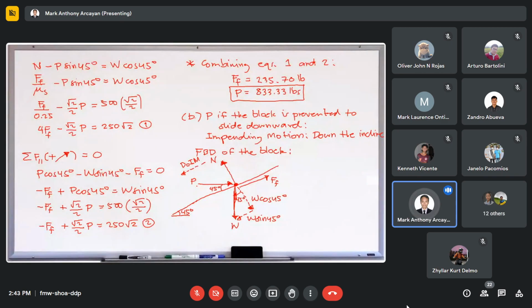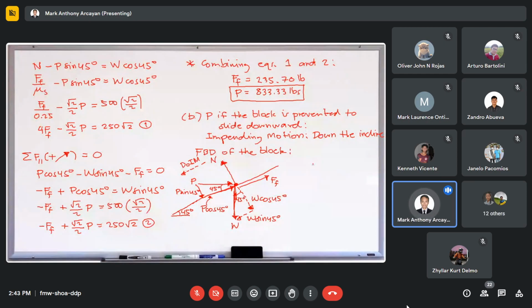Then, kani ang P, ato pod siya i-resolve. Mao na iyahang normal component, so this is P sine 45. Then, kani siyang pasaka, mao na ang iyahang parallel component. So, this is P cosine 45 degrees.